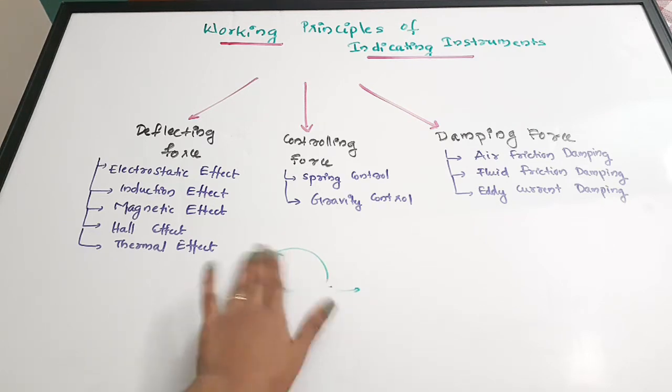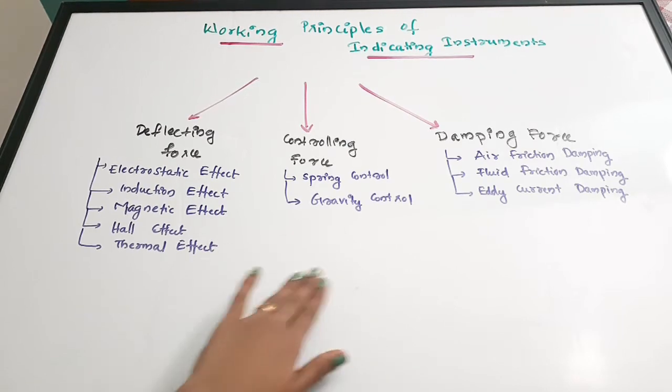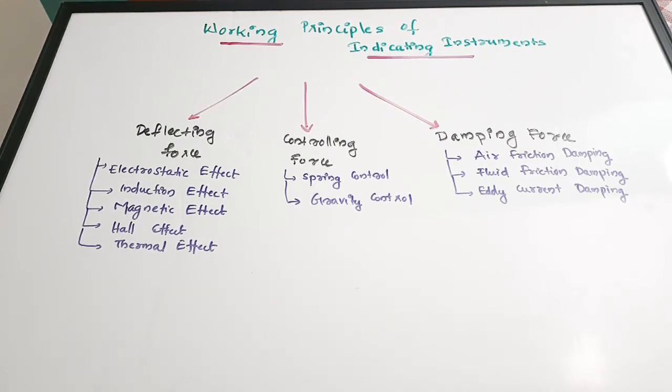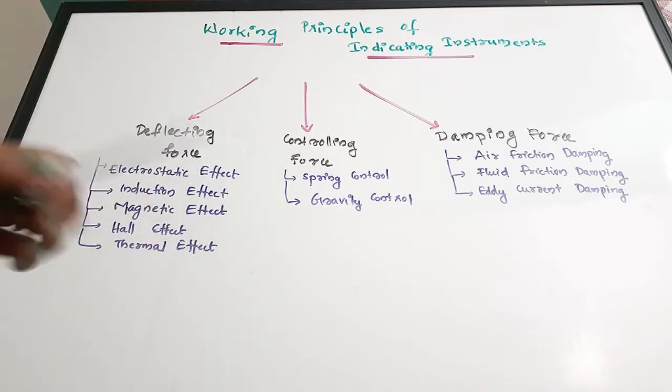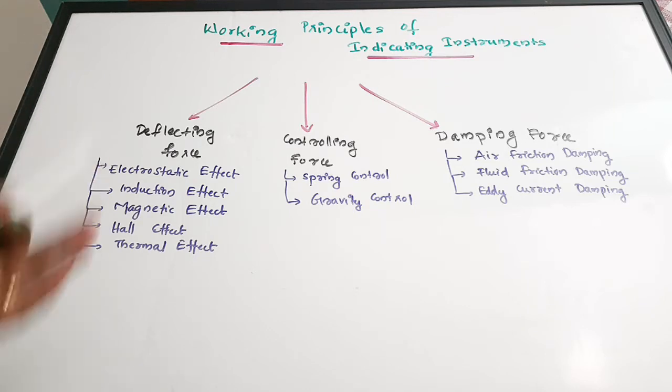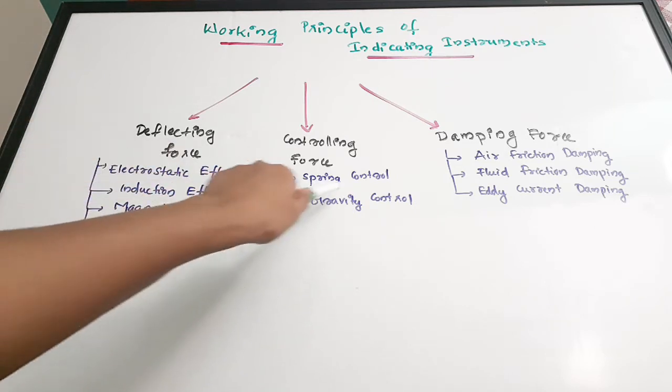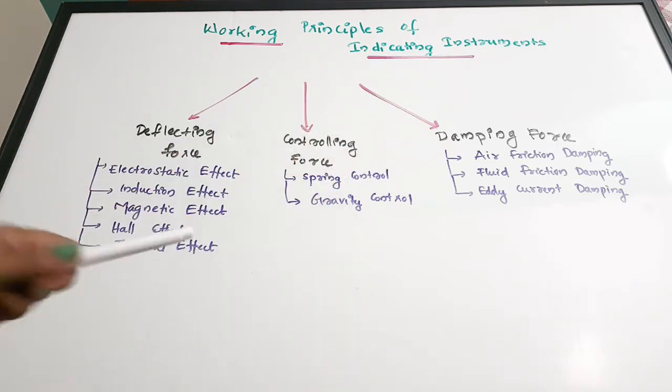Now, if the force is of the deflecting type, that can be due to electrostatic effect, or induction effect, or magnetic effect, or Hall effect, or thermal effect. Then the controlling force, if the force acting on the instrument is of the controlling type, can be due to spring control or gravity control.